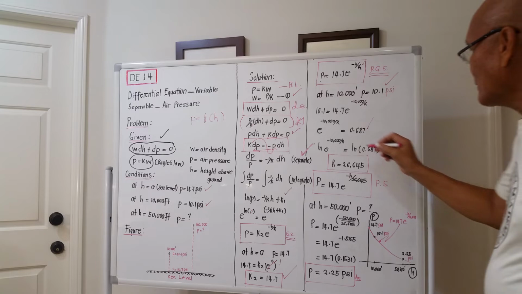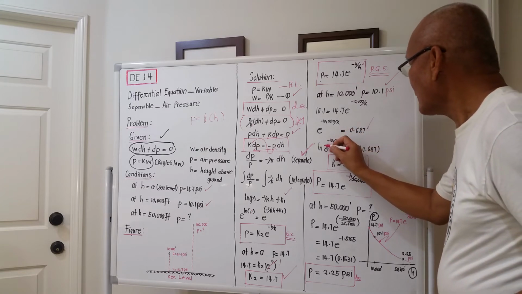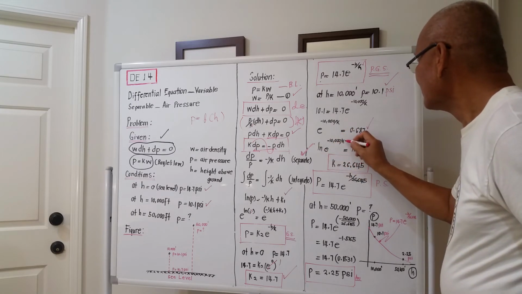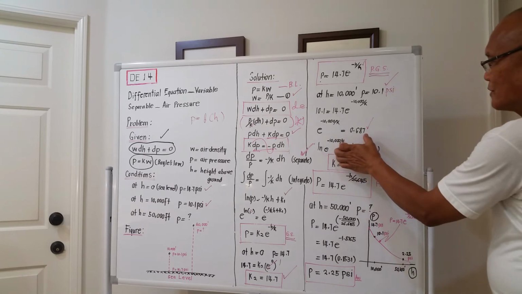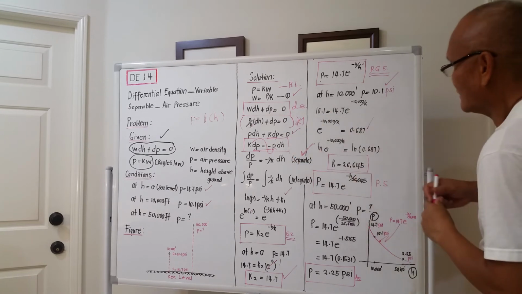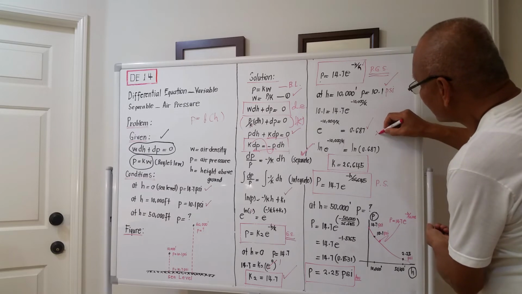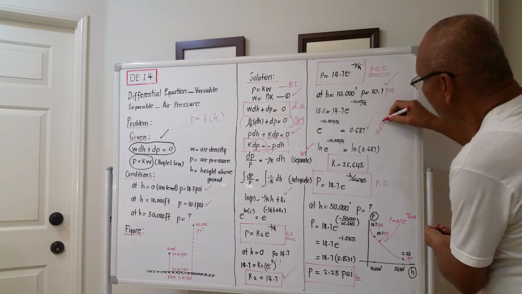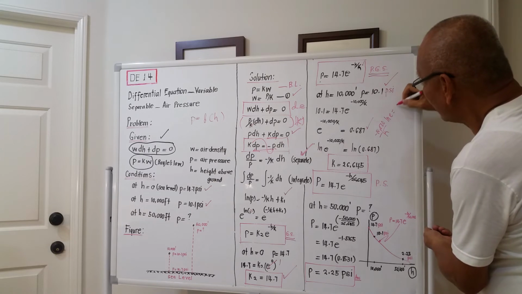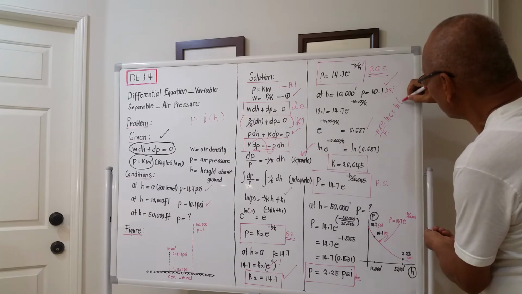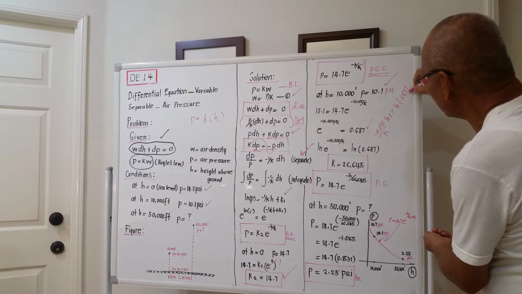So to compute for the value of k, we will take the natural logarithm of both sides. It will become minus 10,000 over k times the natural logarithm of e equals the natural logarithm of 0.687.